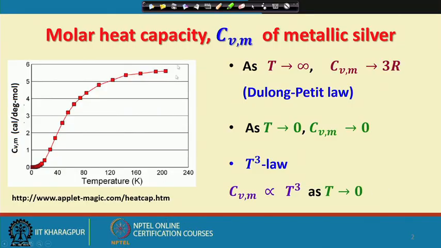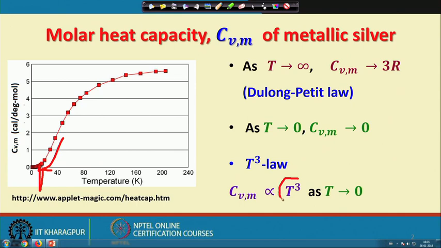So, what does the T cubed law say? It says that as the system goes from a low temperature to a very low temperature, CV rapidly falls down, and this fall has a temperature dependence: in this region CV varies as T cubed as one goes to even lower temperatures near 0.